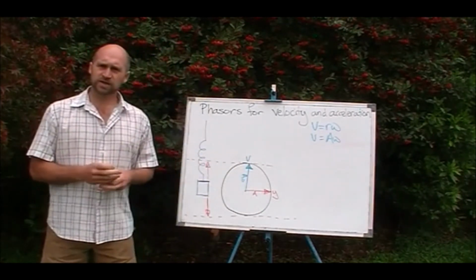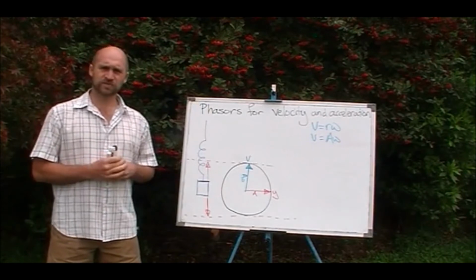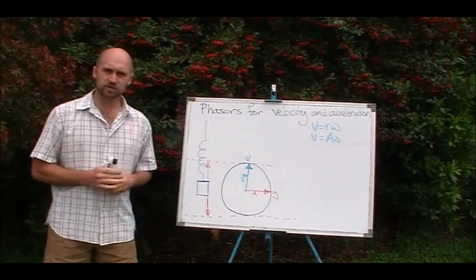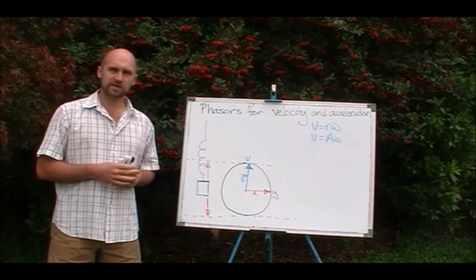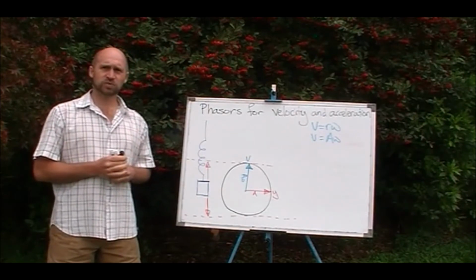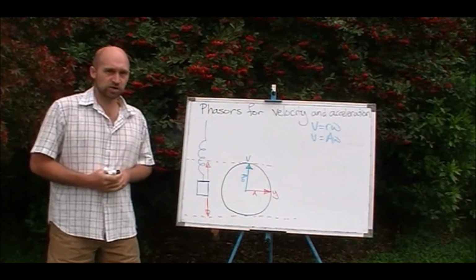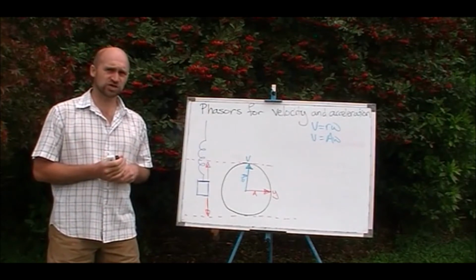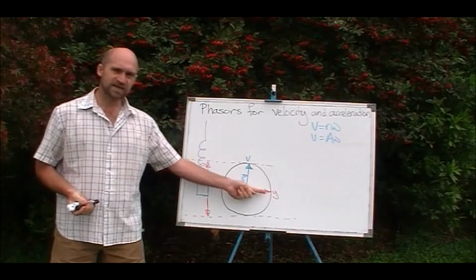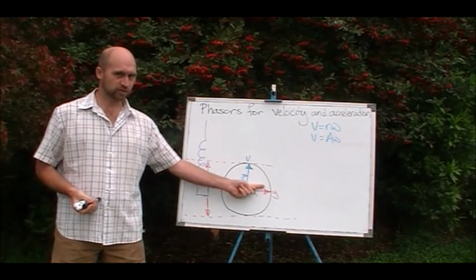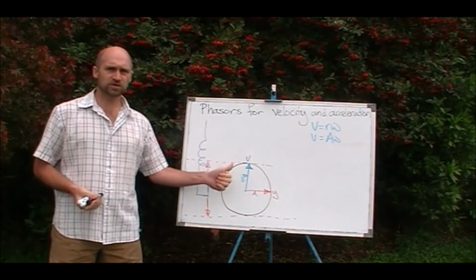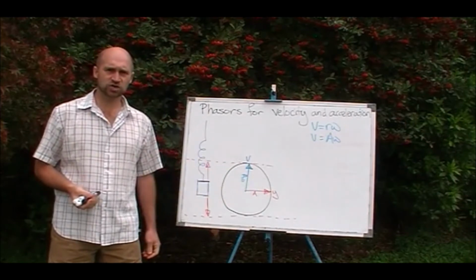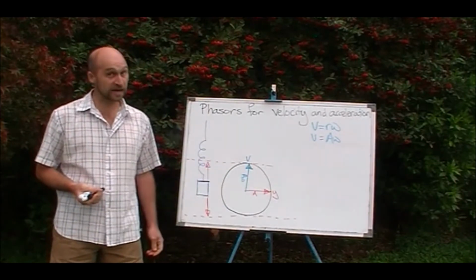And so now we're going to think about the acceleration phasor. So what's the acceleration doing when we're at that point there? Well, the acceleration, we know, depends on the size of the displacement, and it's in the opposite direction to the displacement. So, as that displacement arrow twists upwards to be positive, we're expecting the acceleration to be the opposite, negative.